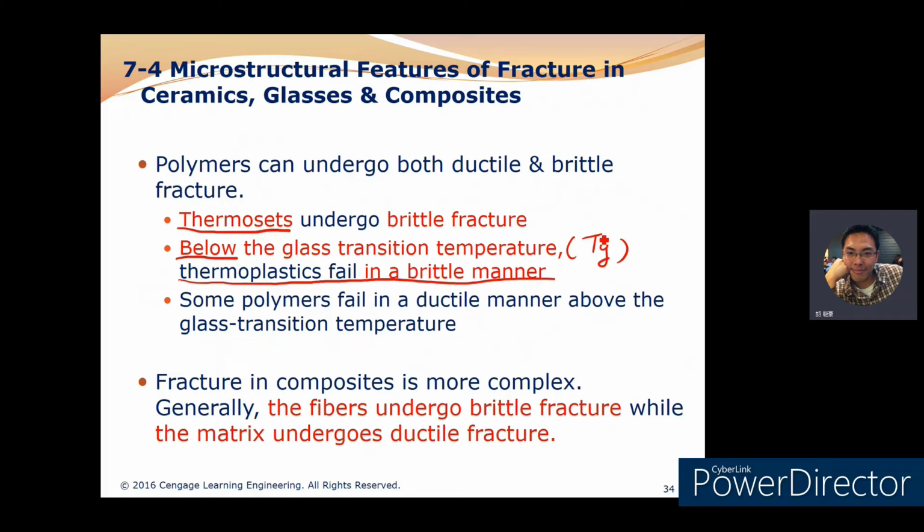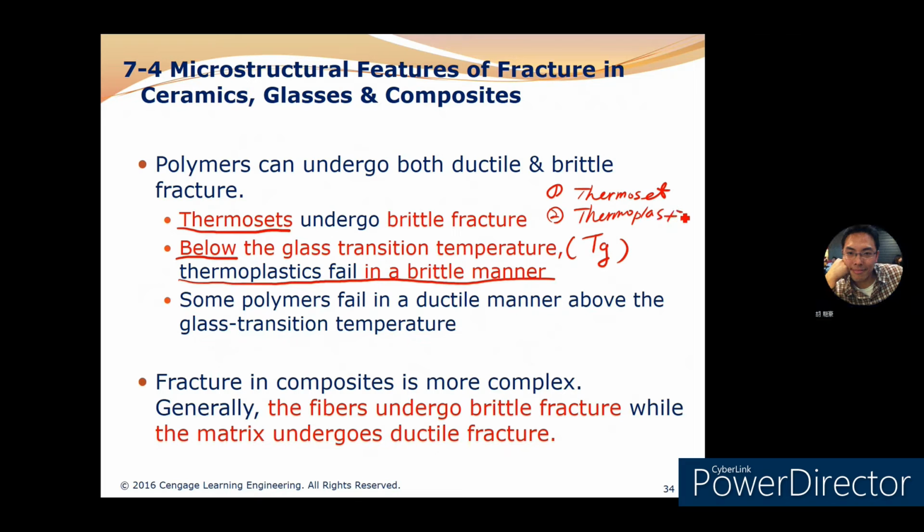So what are the three types of polymer? First is thermoset, or thermostable. The second one is thermoplastic. The third one is elastomer. For the thermoset, its fracture behavior is brittle.